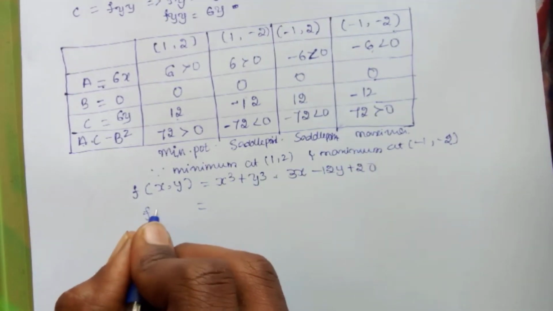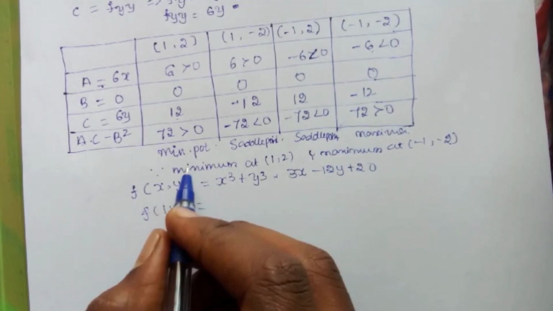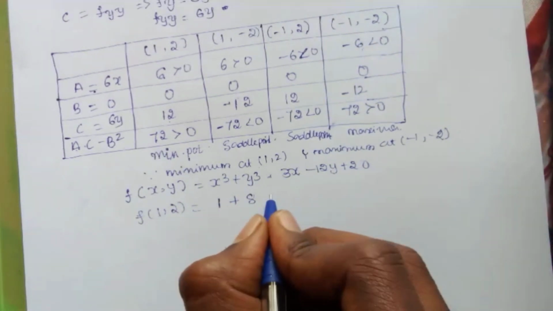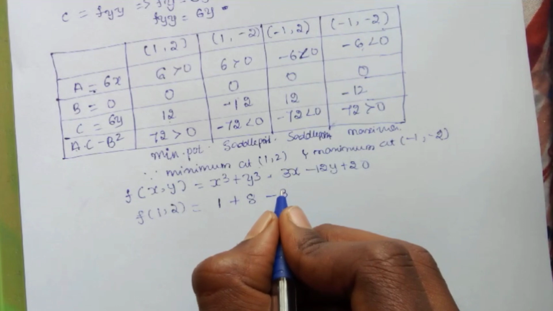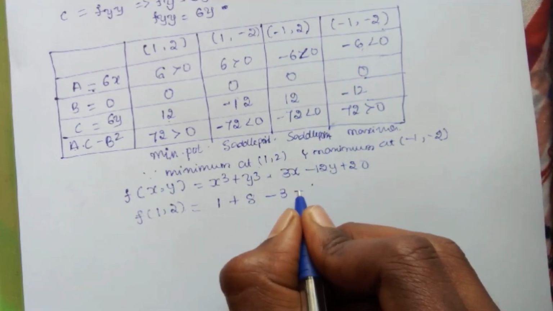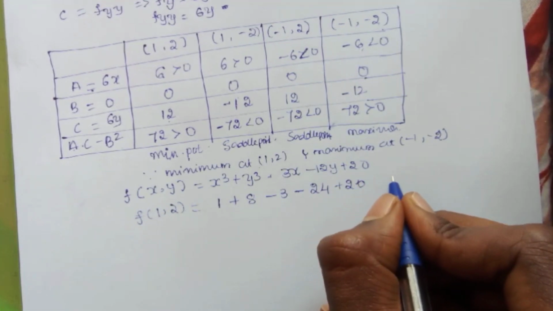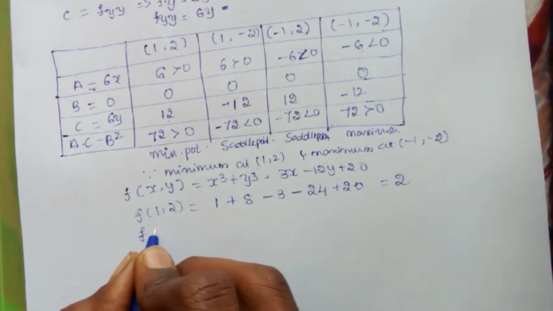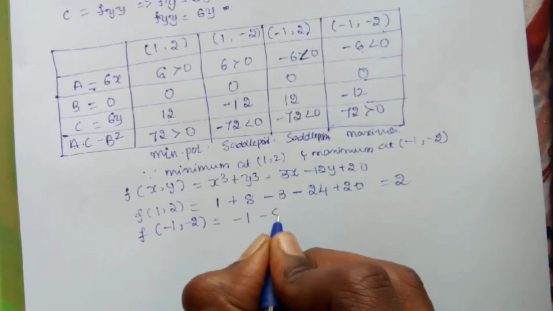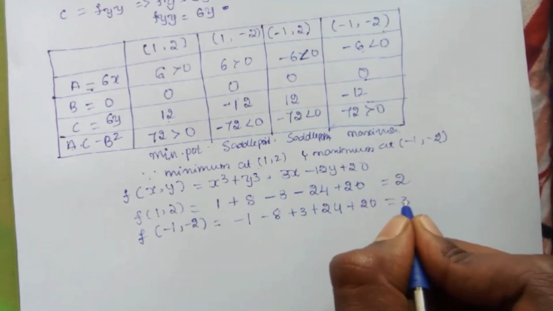Then f of (1, 2) is, in the place of x apply 1, because we are representing the minimum point: 1 plus 2 cube means 8, minus 3 into 1 means 3, minus 12 twos are 24, plus 20. Finally we get the answer 2.